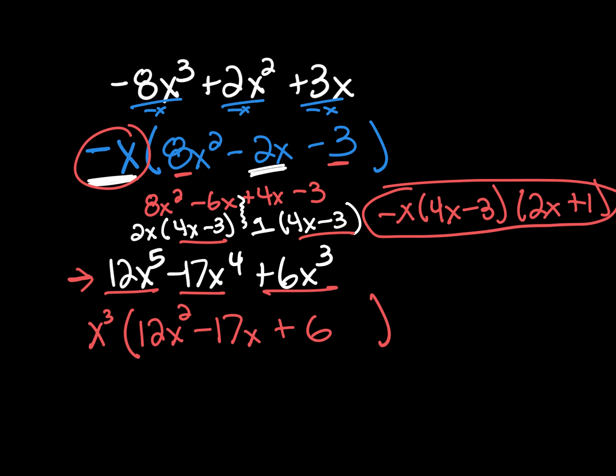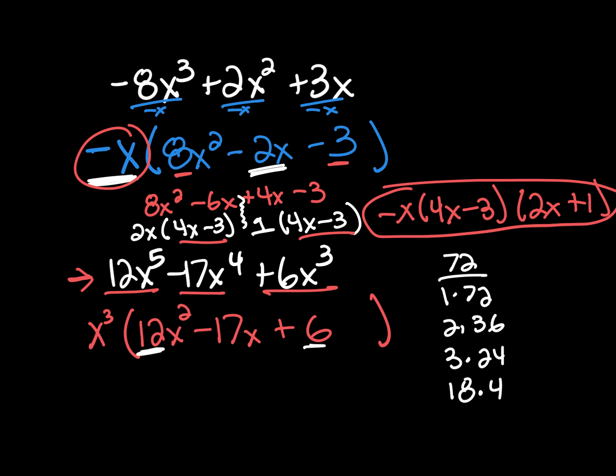So now, these are bigger numbers, but just use your calculator. What is 12 times 6? I'm going to get 72. And then I want factors of 72. 3 and 24. 18 and 4.